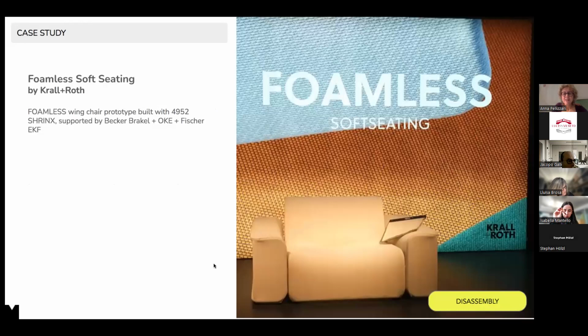And another interesting approach is that of Kralroth. You may have seen, if you have visited Interzum this year, they have introduced this sort of experimental type of chair that has no foam.